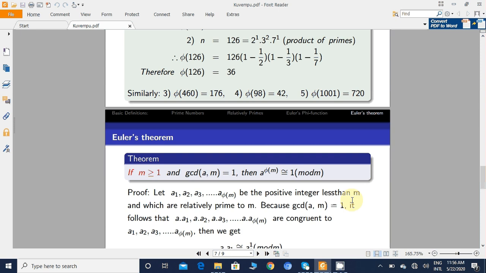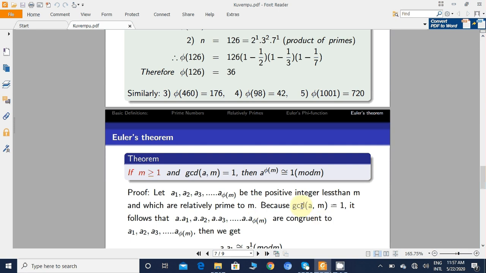Next, we go to prove Euler's theorem. The statement of the theorem: if m is greater than or equal to 1 and GCD of a comma m equals 1, where a is some positive integer, then a power φ of m is congruent to 1 mod m. Now proof of this: let a1, a2, a3, etc., a of φ of m be the positive integers less than m which are relatively prime to m.